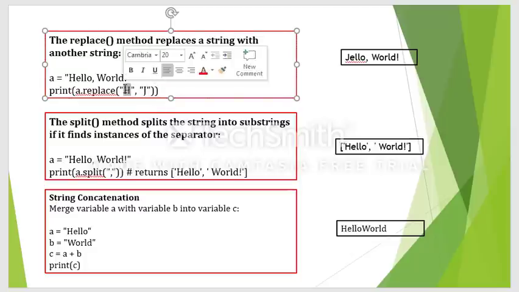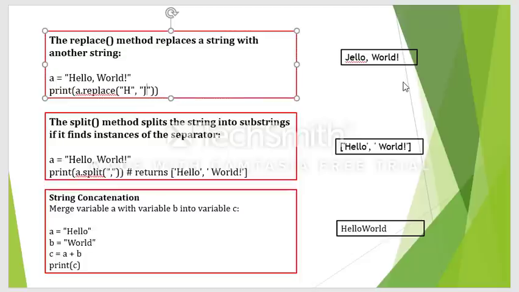We have to remove H from the string and write J in its place. So obviously the output will become Jello world.